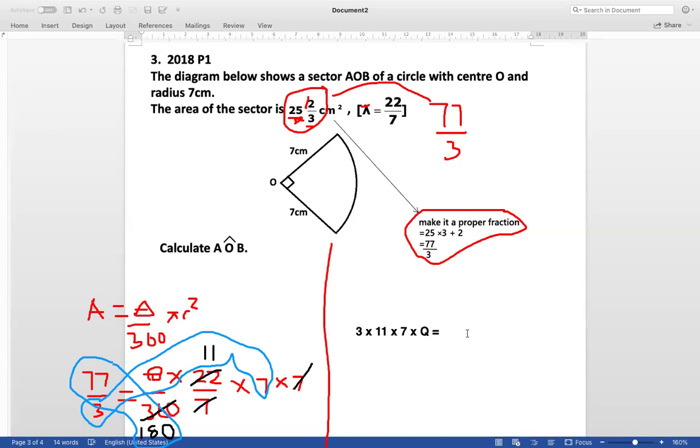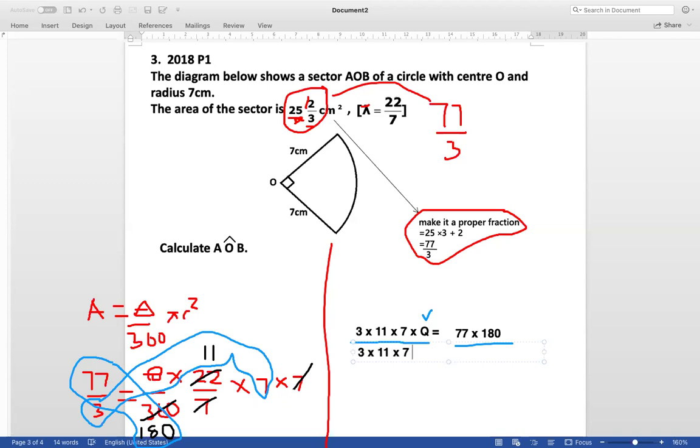So when we multiply that, we're going to have 77 multiplied by 180. So we have to divide by any number written before the parameter that we're looking for. In short, we're making Q the subject of the formula. So we are going to divide by 3 multiplied by 11 multiplied by 7.